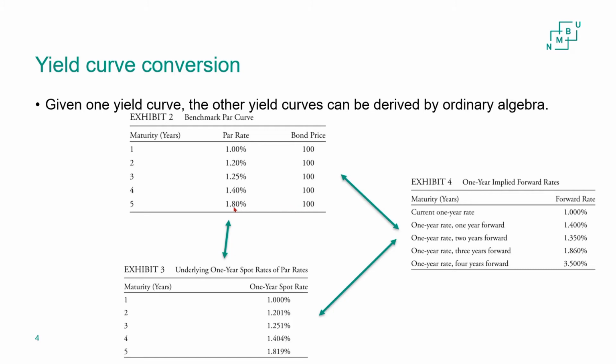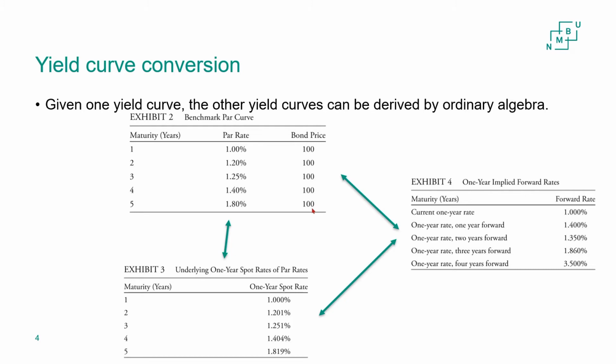So if you have this coupon rate, you're quite certain that you would be able to sell the bond for par value. So you know what kind of cash you get into your company.